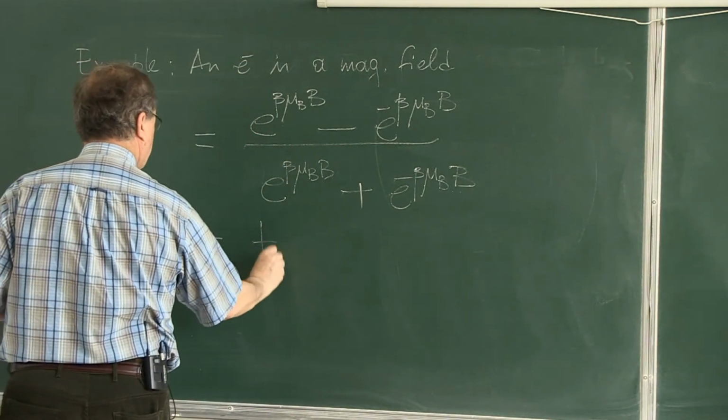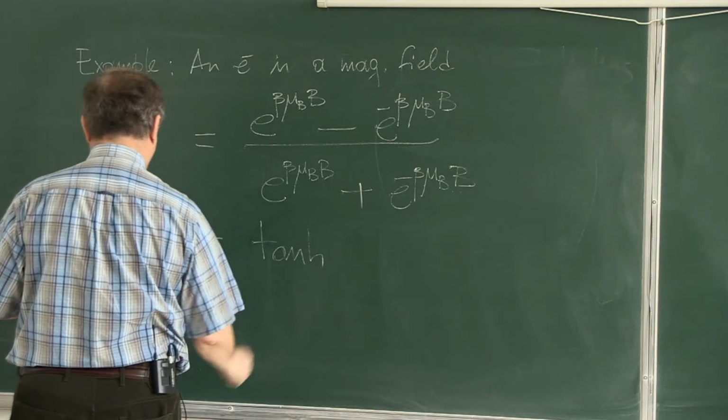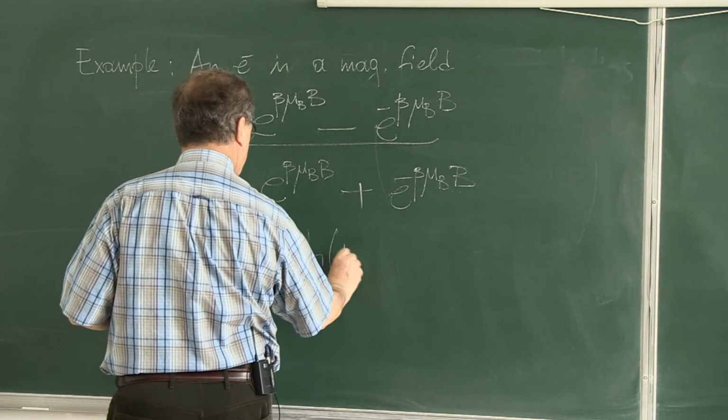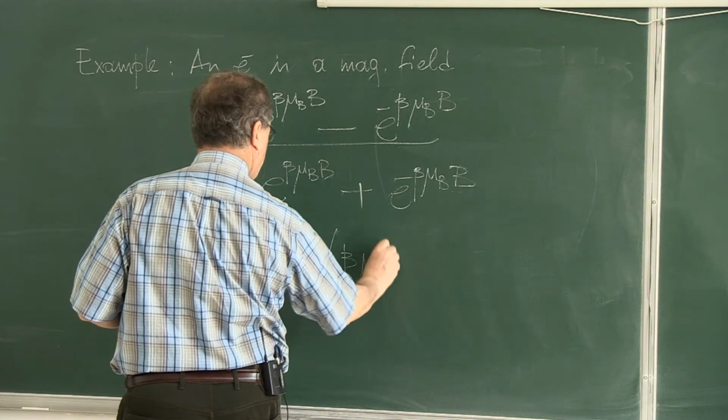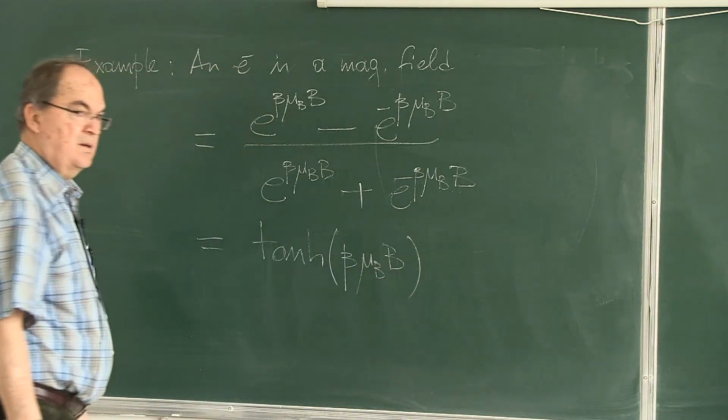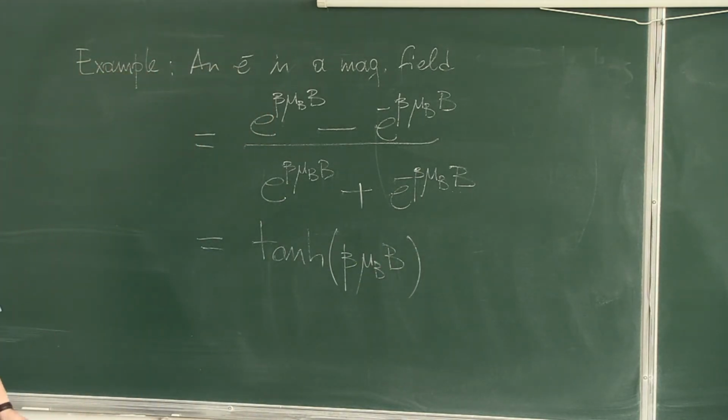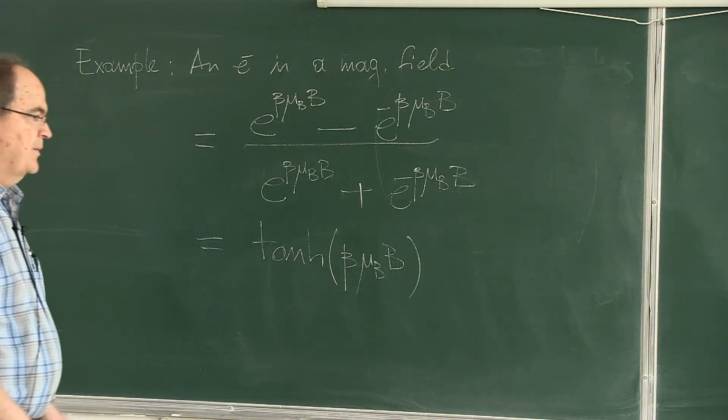Well, it is nothing but tangent hyperbolic beta mu B. That's the result. Do you remember the tangent hyperbolic function? Yeah, exactly.